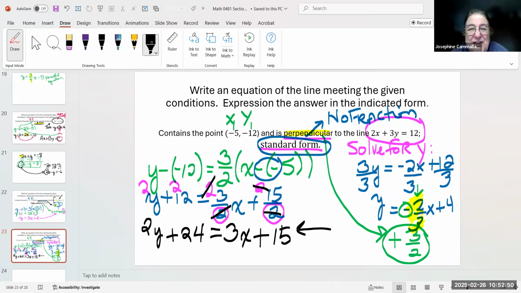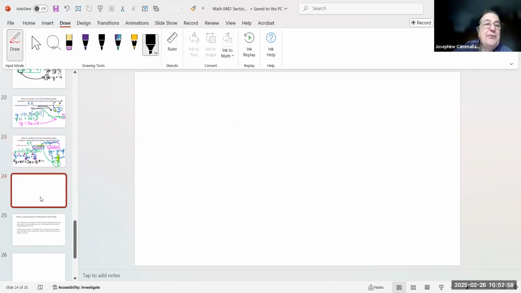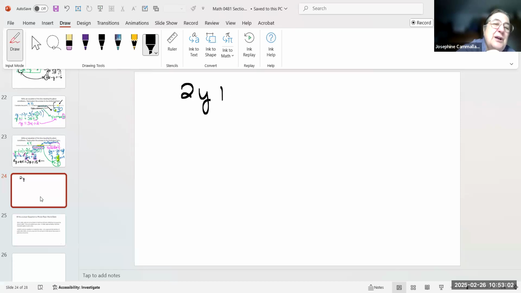This is very close to what I need. Now I'm going to bring that black equation to the next slide, which is 2y + 24 is equal to 3x + 15.